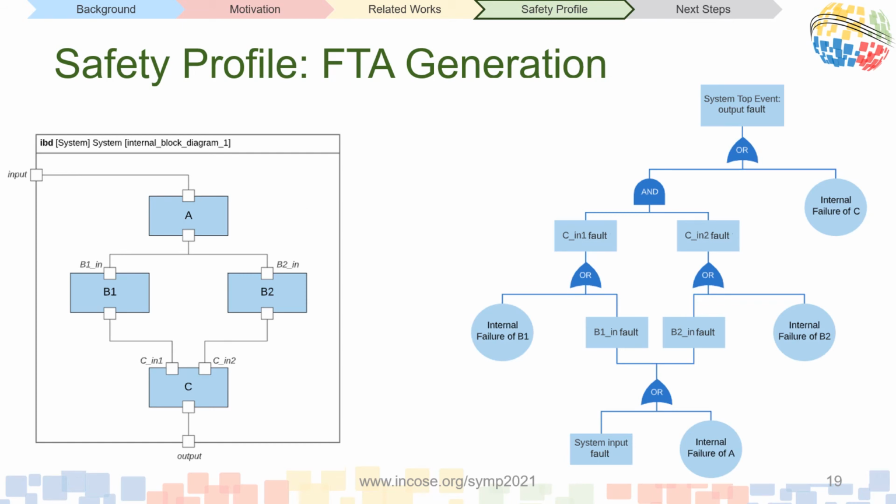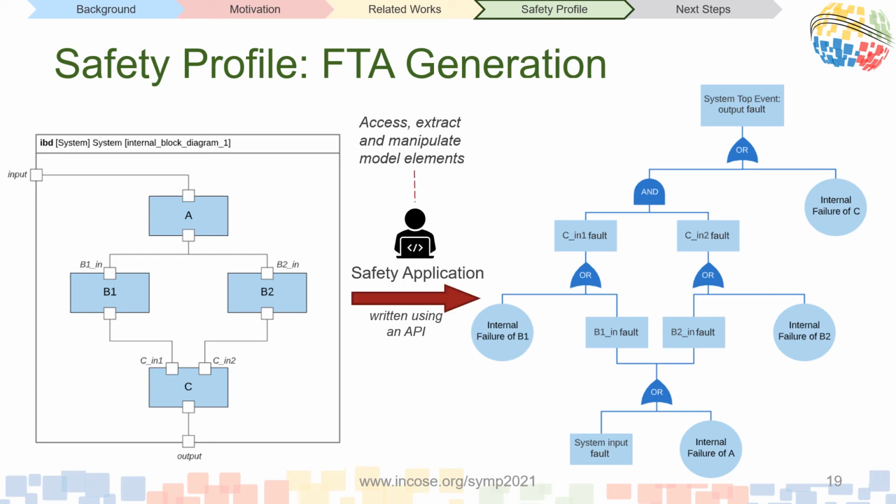Now, for the generation of fault trees, my proposed method is to use the safety application, which is written using an API, to access, extract, and manipulate model elements. With this capability, a fault tree diagram can be populated using extracted information from the internal block diagram of the system or component that the top-level event or function belongs to.